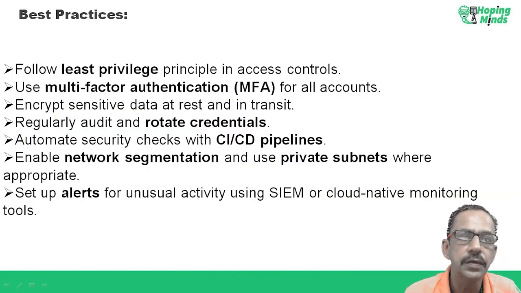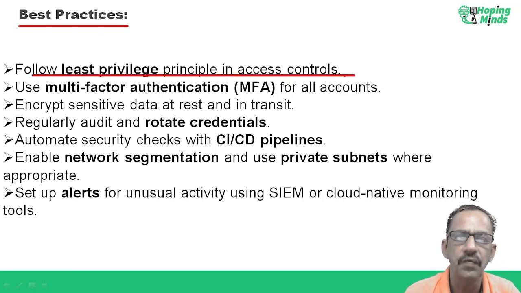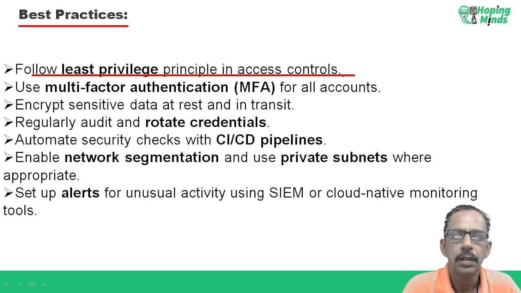So best practices for security. Follow the least privilege principle in access control. When we are creating an IAM user, providing least privilege means limited resource access: only whatever the user requires, give him the privilege to use that, do not give him full access.